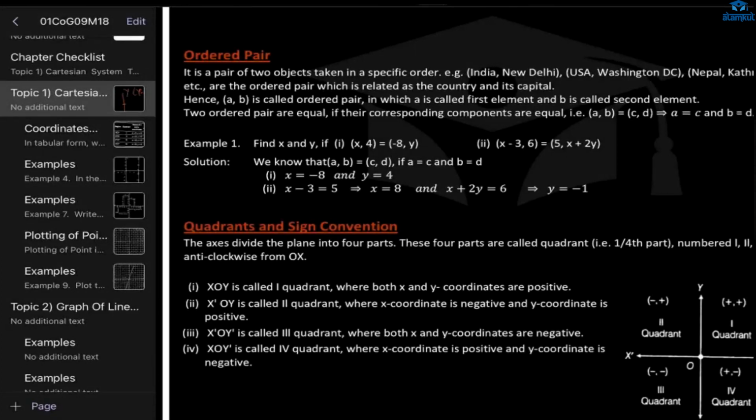And on the left hand side, x value is -8 and y value is y. An equal to sign means this coordinate is equal to this coordinate. So can you equate y coordinate to x coordinate in an ordered pair? No. We are going to equate x coordinate to x coordinate, y coordinate to y coordinate. Now you understand? Yes, now I understand.